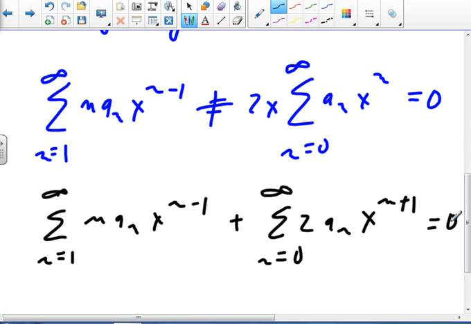Okay, what are we going to do with that? Well, we'll do two substitutions. We're going to do a substitution in this one, n is equal to n plus 1, and we're going to do a substitution in this one, n is equal to n minus 1.